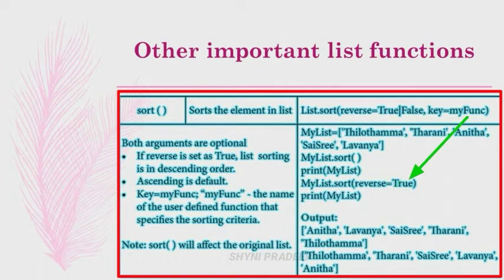And see the next line, mylist.sort(reverse=True). If you want to arrange in descending order, you have to add one argument, that is reverse equal to True. Next, you are printing my list. See here, the list elements will be printed in descending order like this.